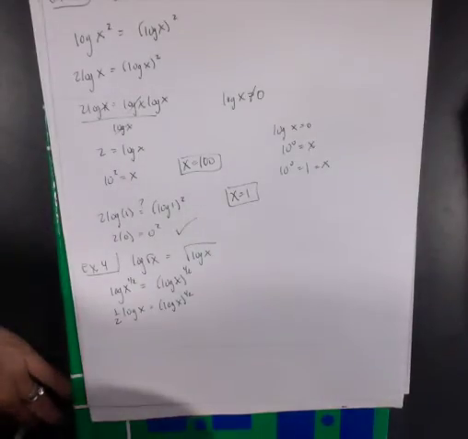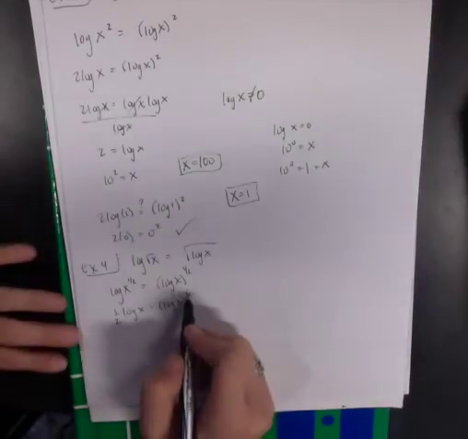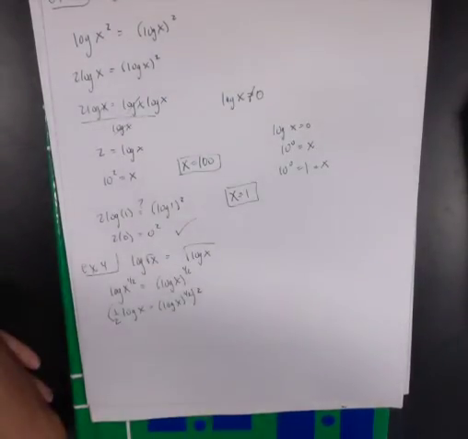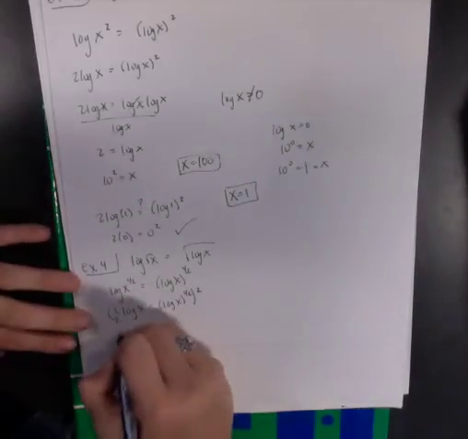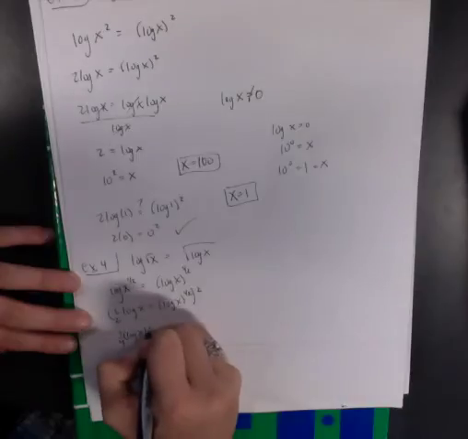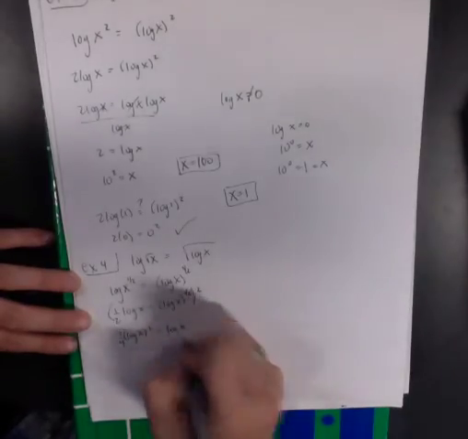Okay. Now, I can get rid of this exponent by squaring both sides. So I get 1/4 log of x squared equals the log of x.